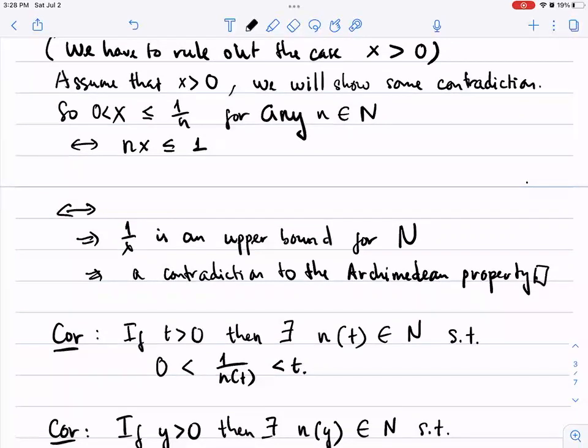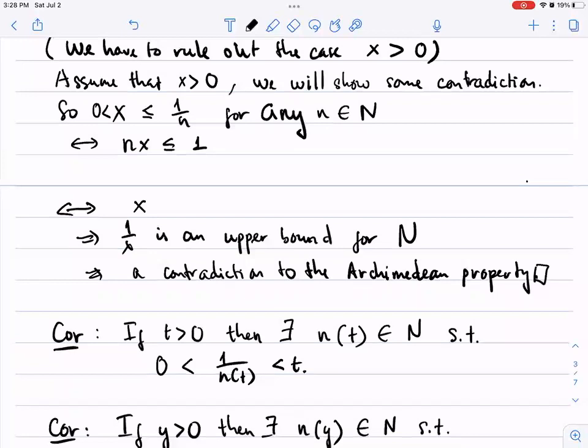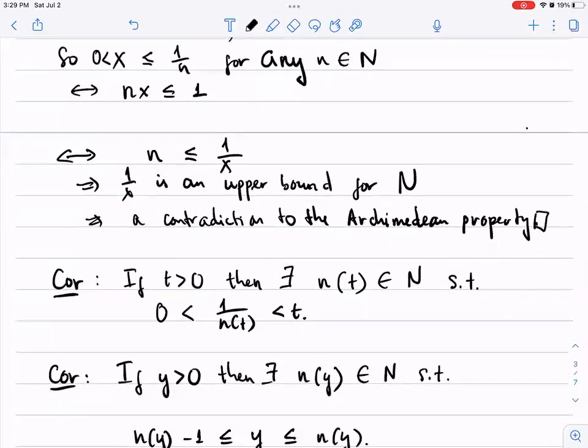Because in this case, by the order property, we have that n here is smaller than or equal to 1 over x. This step is possible because x is a number bigger than 0 by our previous assumption. That's why 1 over x is an upper bound.